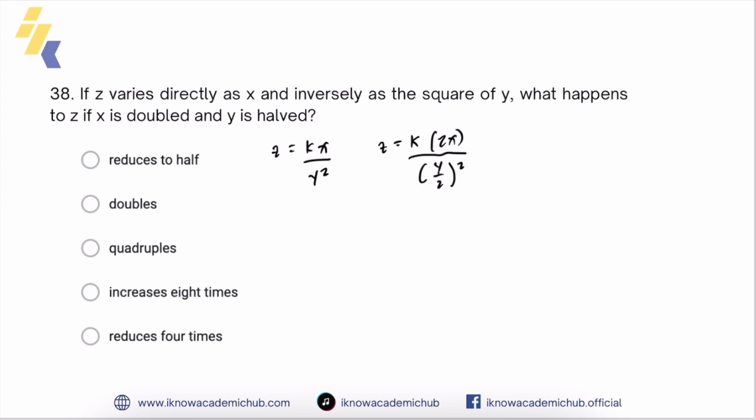So let's evaluate. We have k times 2x over y squared over 4, and we have here k times 8x over y squared. So 8kx over y squared. Z increased 8 times. So this is the correct answer.